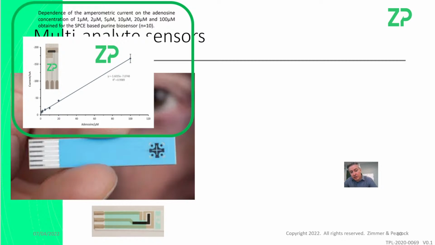What I'm saying to you here is, people build complexity into sensors, and that complexity sometimes comes about because in a lab they find it very hard to do reproducibility. So when they find it hard to do reproducibility, they end up doing what we call a working electrode with an enzyme on it and a working electrode without an enzyme on it.